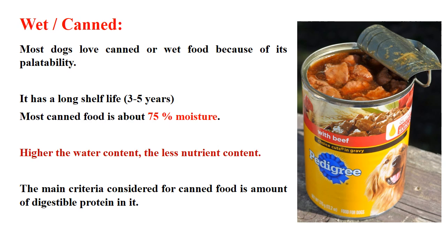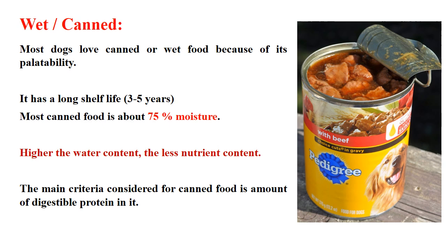The other variety is wet pet food. Canned food is the most suitable example. Here it has a long shelf life. The meat chunks are sealed in the can, as you can see in the photographs, and then processed at high temperature with complete sterilization. This is a very good preference for dogs because of its palatability, and it can be stored for 3 to 5 years, though the moisture content is almost 75%.